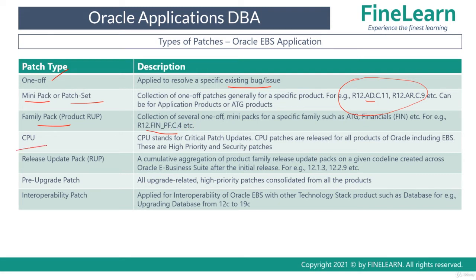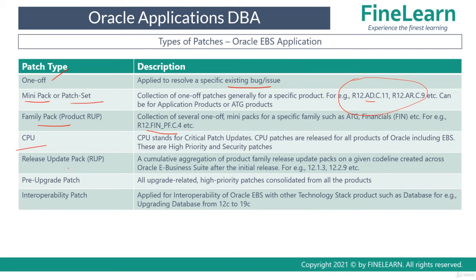CPU patches. The CPU patches are called critical patch updates. Remember, though it shows like CPU, it's mainly related to security and high priority patches. Oracle releases CPU patches quarterly, and it is very important that the DBAs check these CPU patches quarterly and apply them on E-Business Suite.